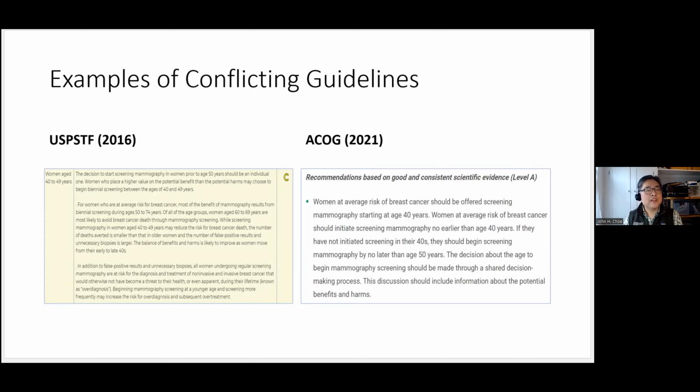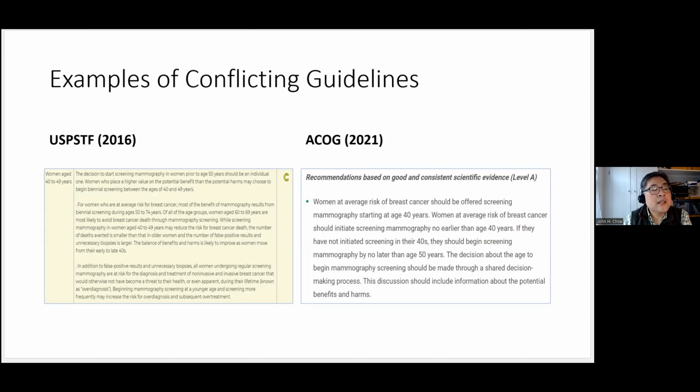I'm sorry the print is very small here, but let's take, for instance, the U.S. Preventive Services Task Force and the American College of Obstetrics and Gynecology, ACOG, so the obstetricians. So conflicting guidelines, I'll summarize the idea of whether to start mammography for women in their 40s based on 2016 guidelines from the U.S. Preventive Services Task Force.